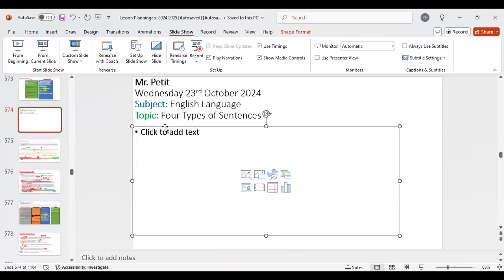So let's go ahead and deal with that. There are 4 types of sentences.